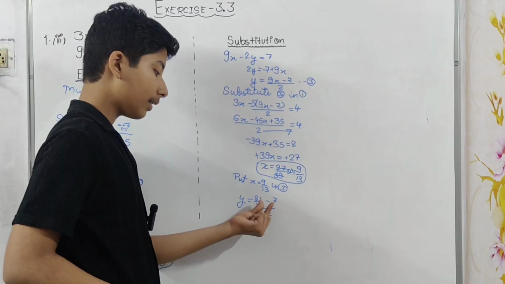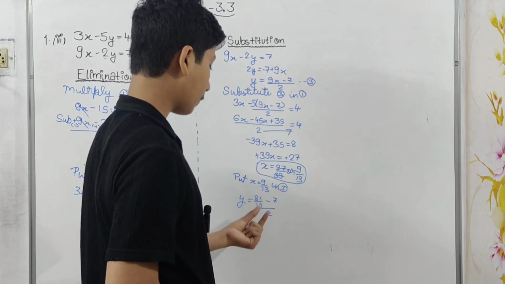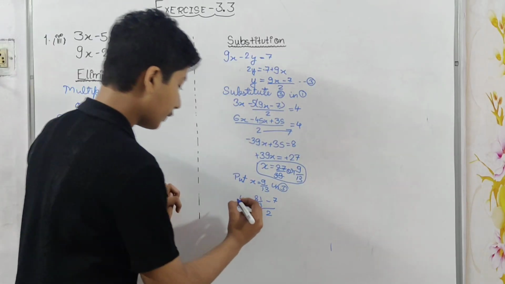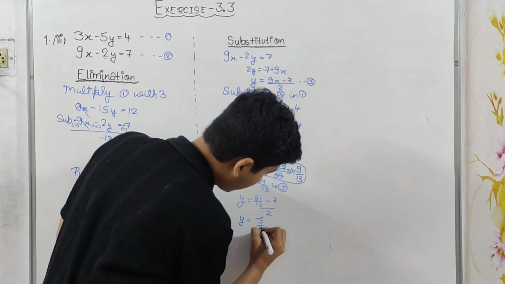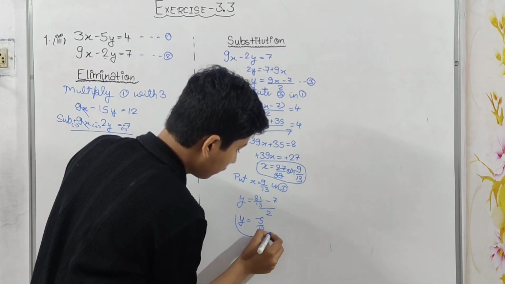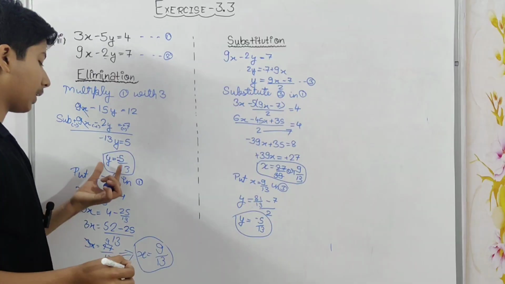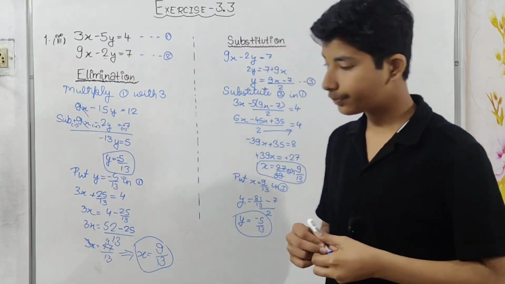So 81 minus 91, which is minus 10 upon 13 upon 2, means minus 10 upon 26, which is minus 5 upon 13. The same answer is coming. I hope this part is clear too.